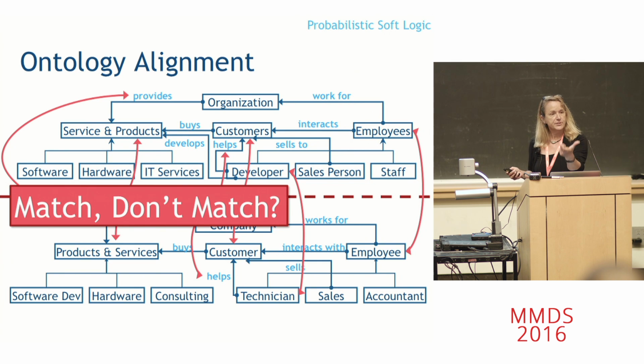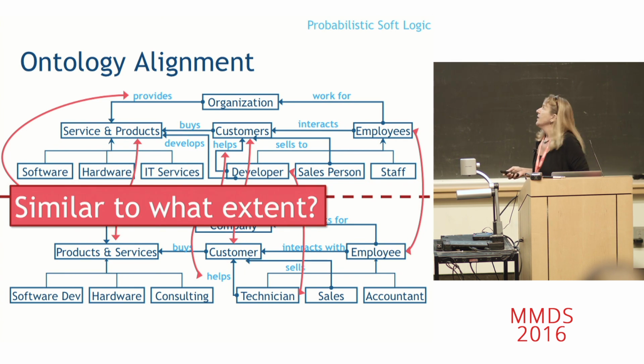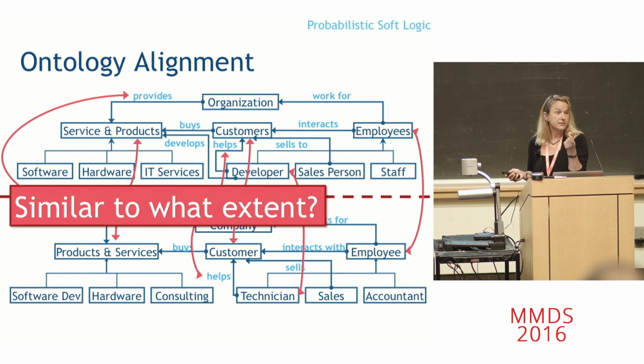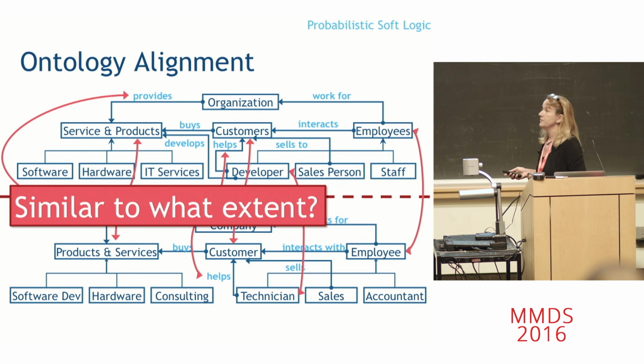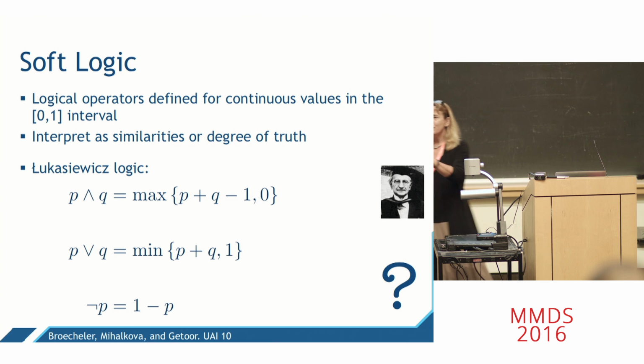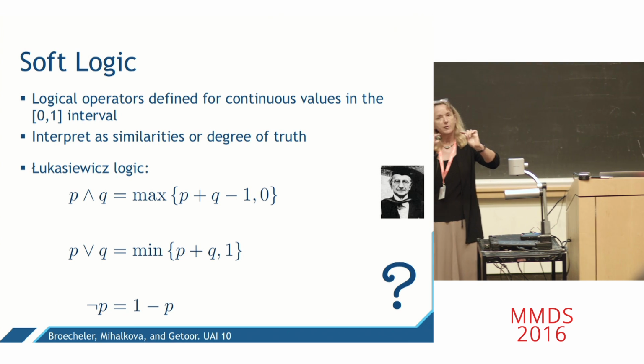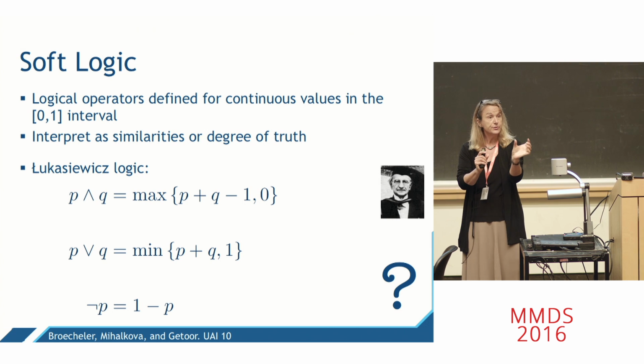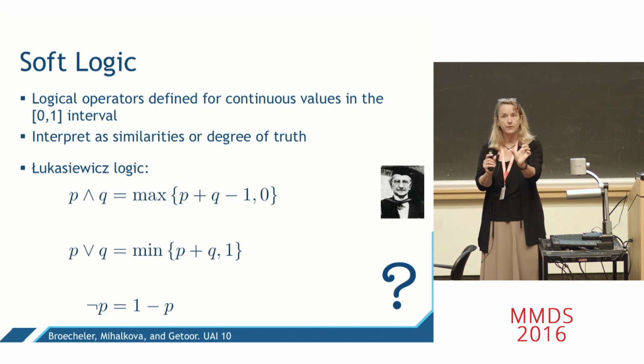We started off doing this in a combinatorial way with 0, 1. But then we converted it, because it made sense in this domain, to say similar, to what extent, between 0 and 1. So these rules became ways of combining these truth values that are between 0 and 1.